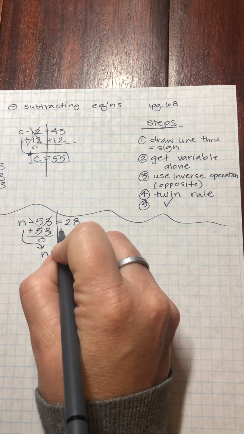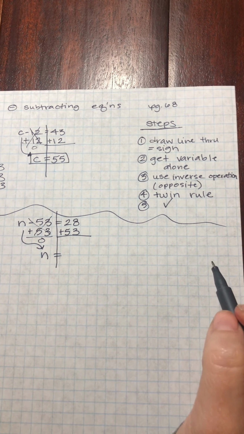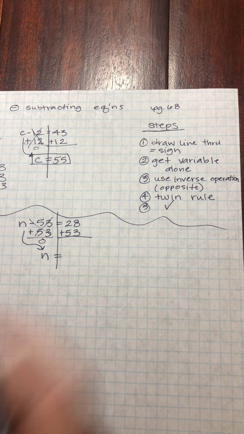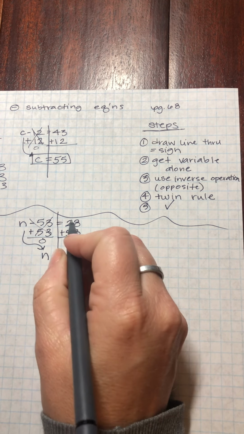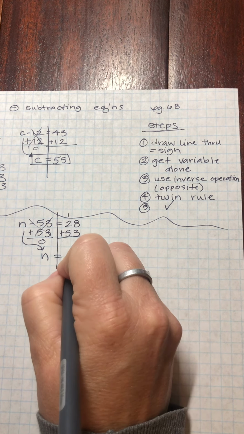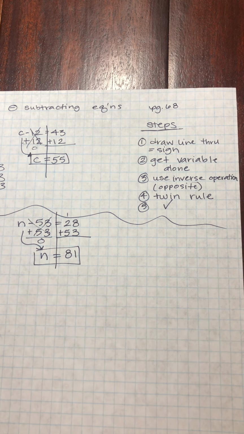What we do for one, we have to do for the other. So we're going to add 53 on the right side. And when we do that, 8 and 3 is 11, carry the 1, 5 plus 2 plus 1 extra, I get 81.